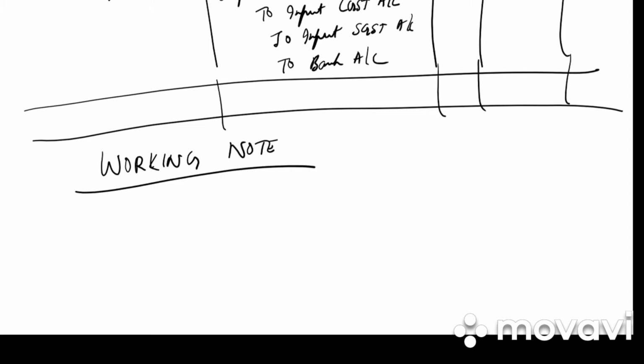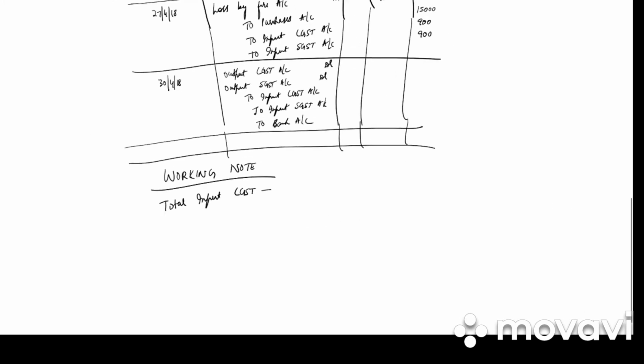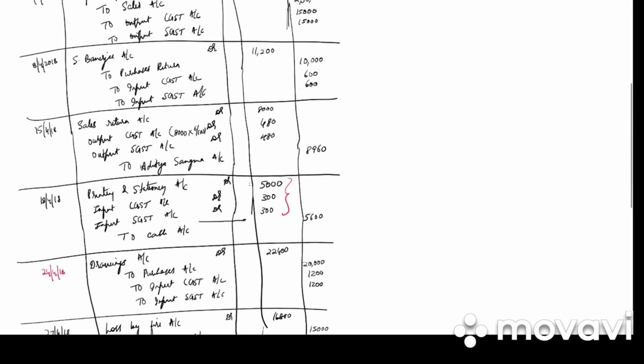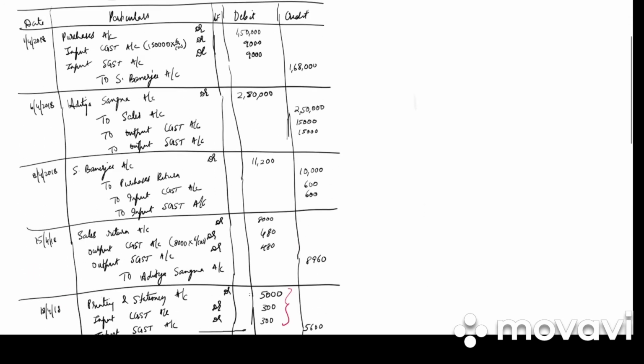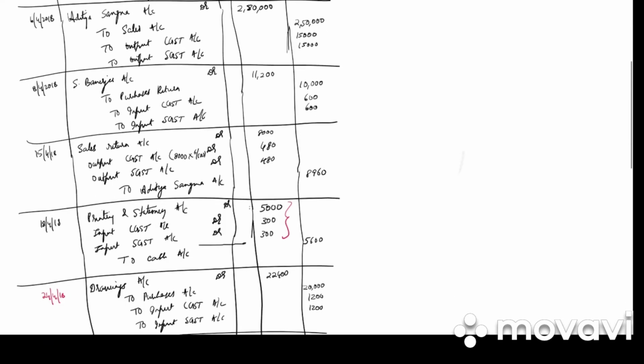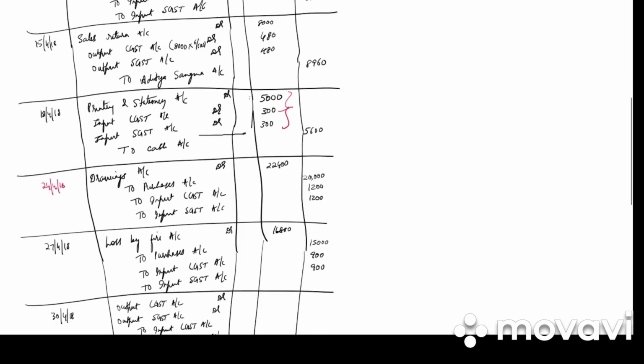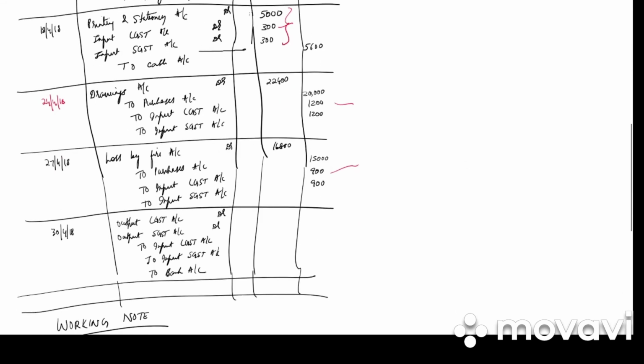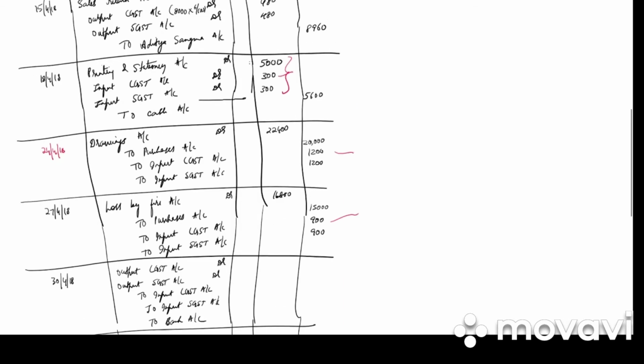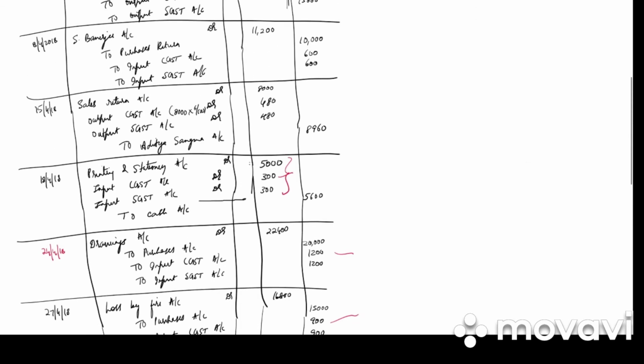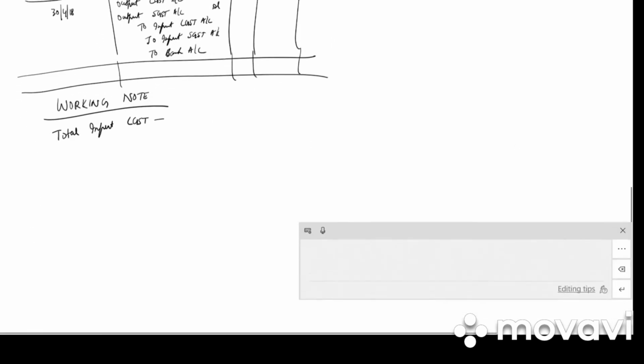First we need to calculate our total input CGST. कितना है? Go to a problem. 9,000 plus 300 minus 1,200 minus 900 and minus 600.